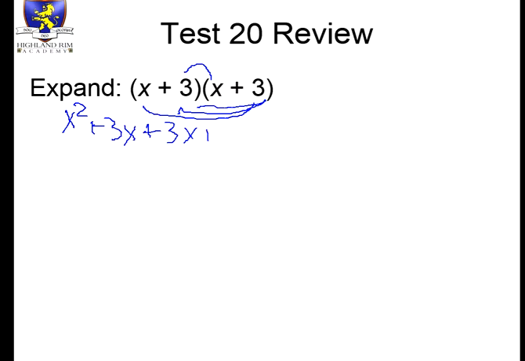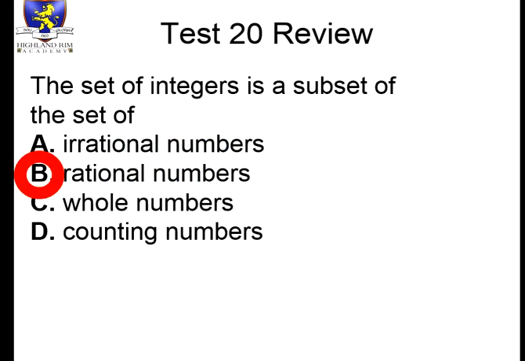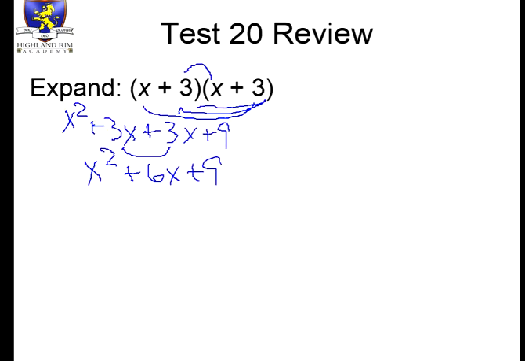So the only things that we can combine here are the plus 3x and the plus 3x. That becomes plus 6x, so we end up with x squared plus 6x plus 9. And that is, by the way, what x plus 3, the quantity squared, is. So x squared plus 6x plus 9. Try not to make that any harder than it is. Whoa. Gave you that answer already.